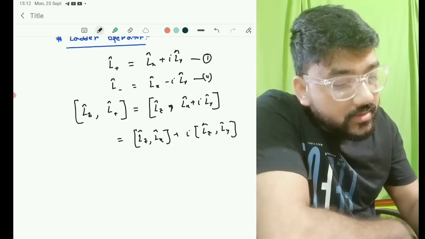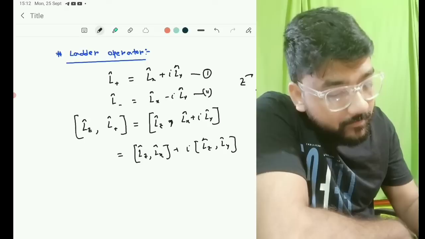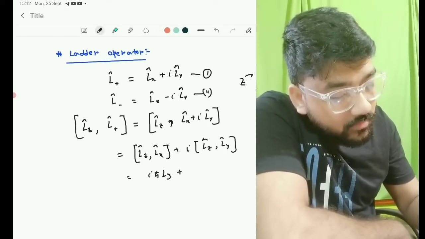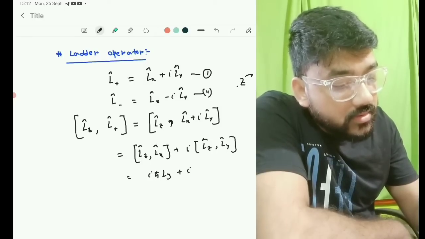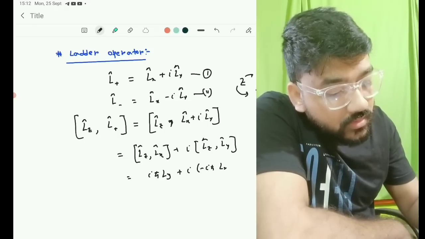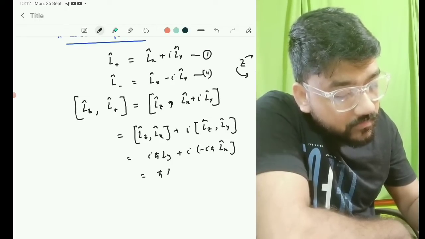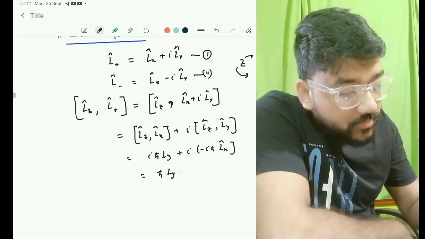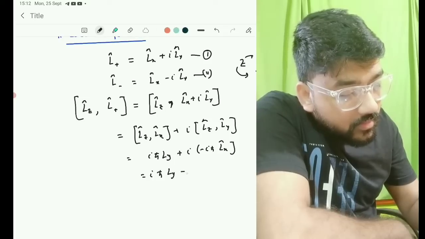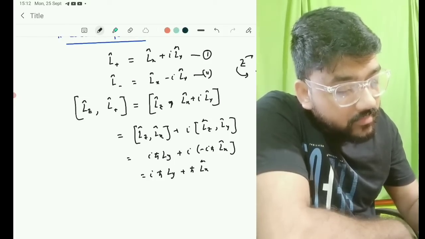Now Z with X gives you Y, that means i h cross Ly, plus i into Z with Y, which going anti-clockwise gives you X, but it will be minus i h cross Lx. So you can see i square is minus 1, so it will be plus h cross Lx cap.